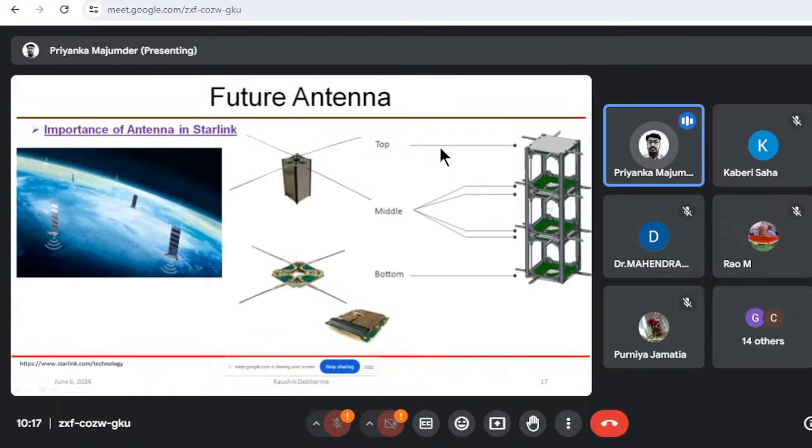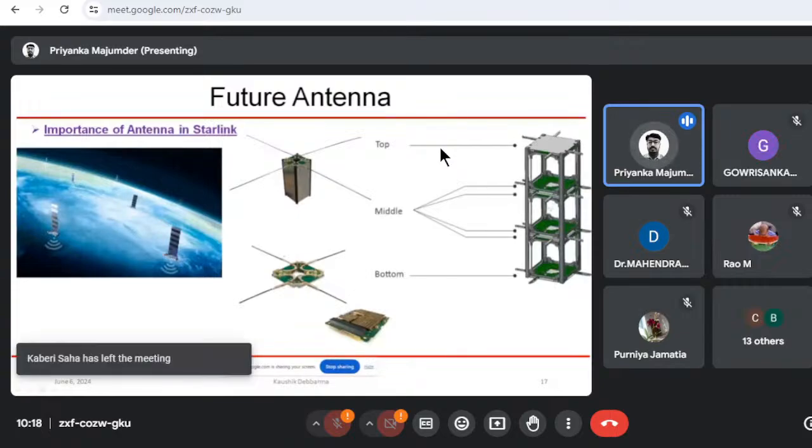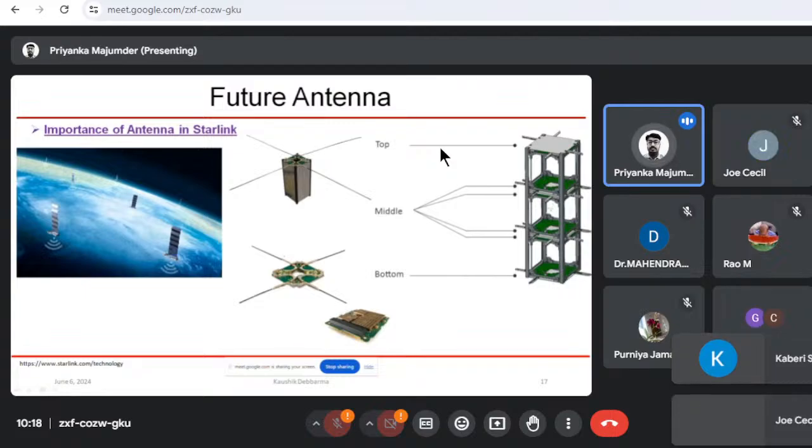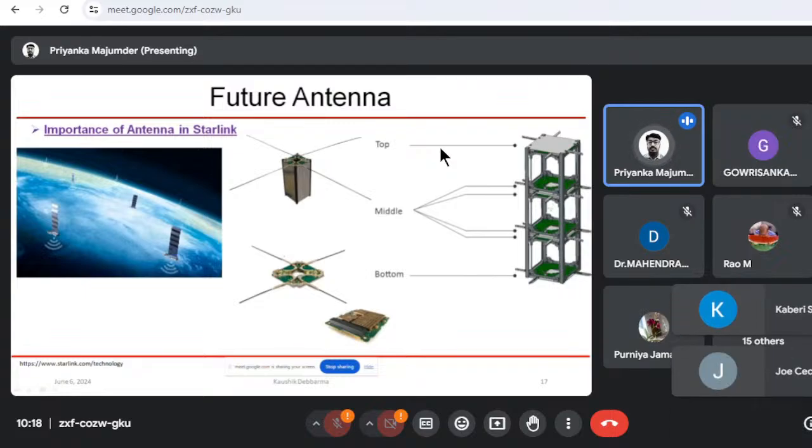Because visually you can differentiate that there are 3 stories, 3 units. Each unit has a dimension of 10 centimeter by 10 centimeter by 10 centimeter, that equals 1000 cubic centimeters. So that is 1 unit cell. Whenever someone asks about CubeSats, they are built of different units, and 1 unit is 1000 cubic centimeters.